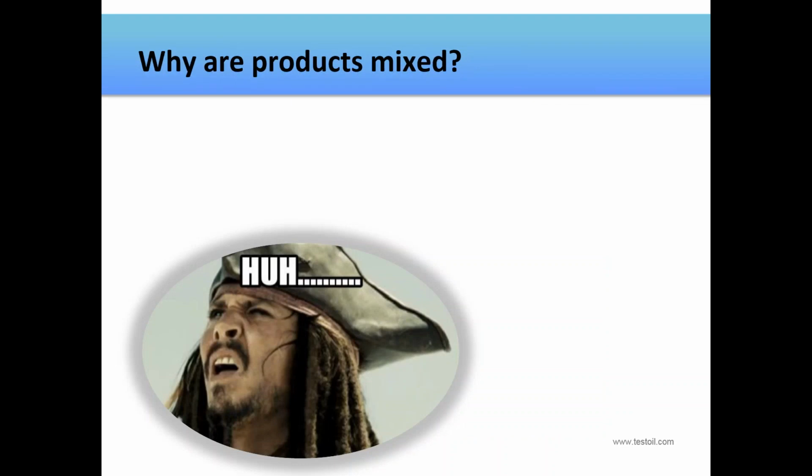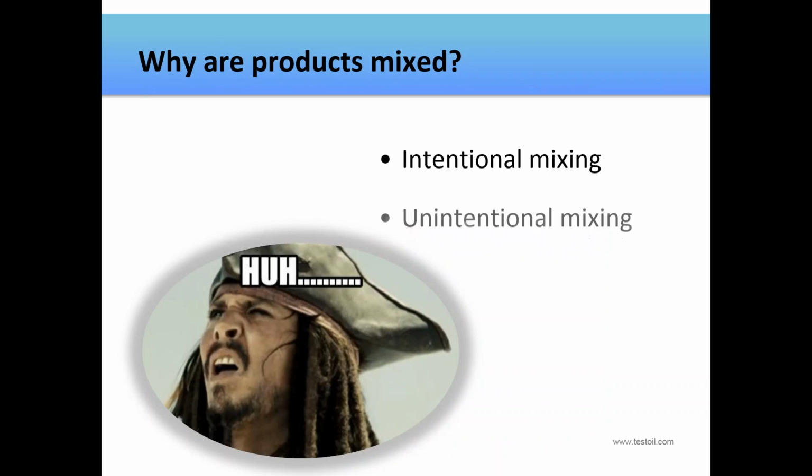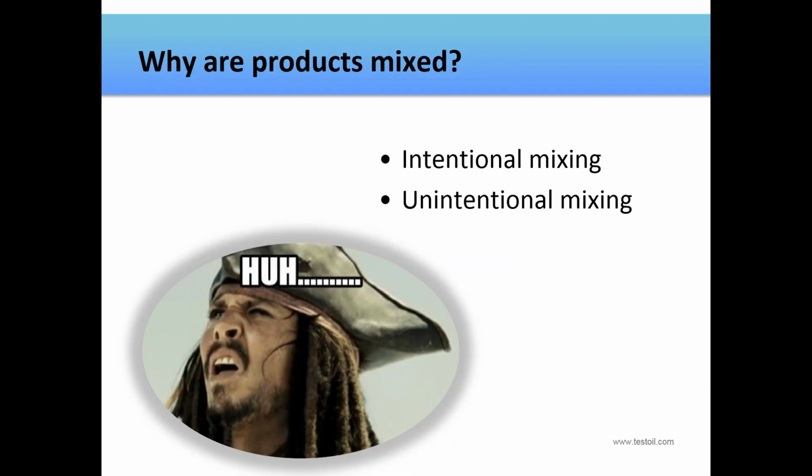So really what we're hearing here is that mixing different products for the most part needs to be done very cautiously, but what are the reasons that different products have to be mixed? And we primarily see 2 reasons. The first really is unintentional mixing, and the second is intentional mixing.